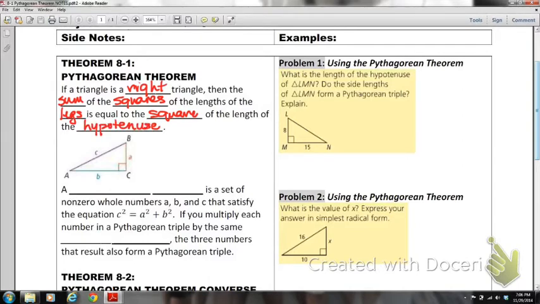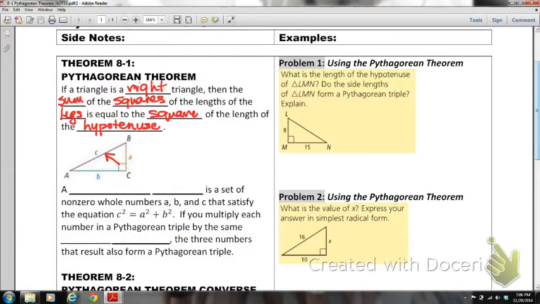Remember, the hypotenuse is the side that is opposite the right angle in a right triangle, and the other two sides are the legs that form the right angle.